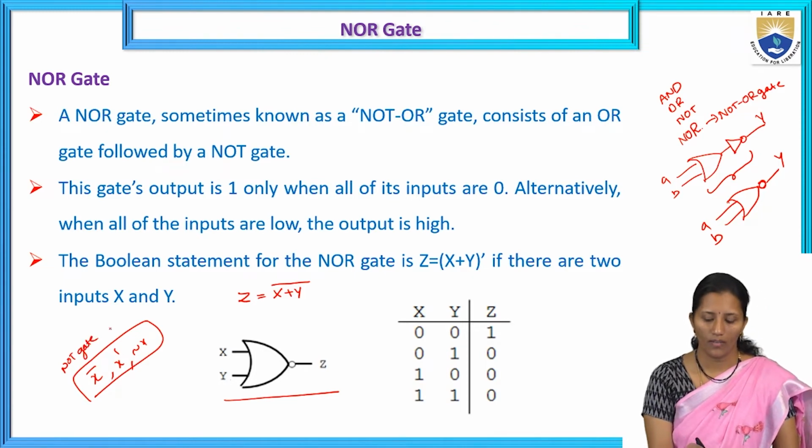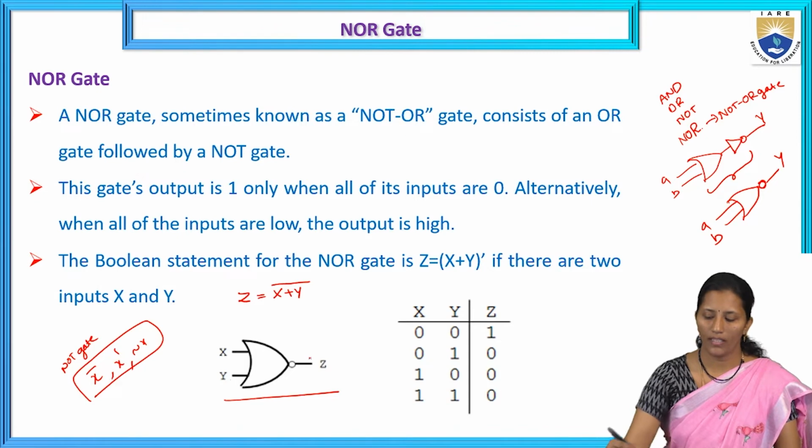These are the NOT gate symbols. Here we have to invert the OR gate output. Say the OR gate is X plus Y. We are inverting that output.